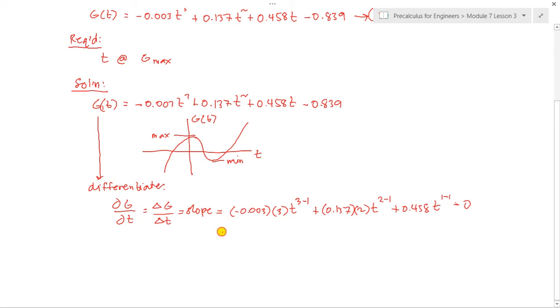Then simplifying, we have here 0.003 times 3. The answer is negative 0.009 t, 3 minus 1 is 2, then plus 0.137 times 2, that is 0.274.